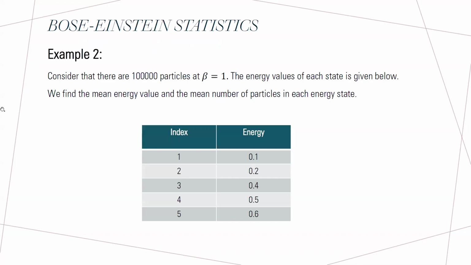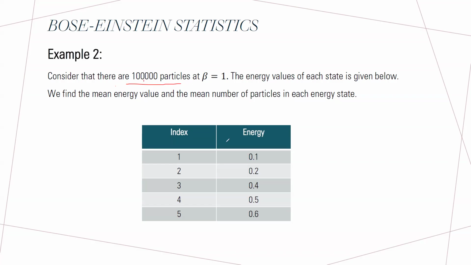Okay, now we have another example, and this is about the Bose-Einstein statistics. So we have some bosons, and we consider beta equal to 1, and we are considering 100,000 particles.